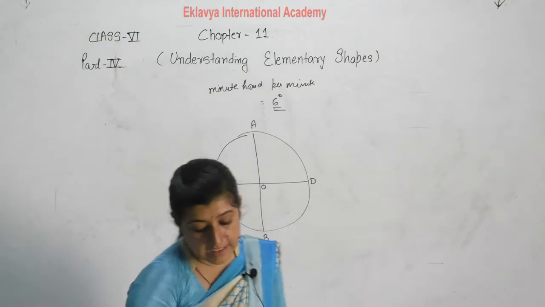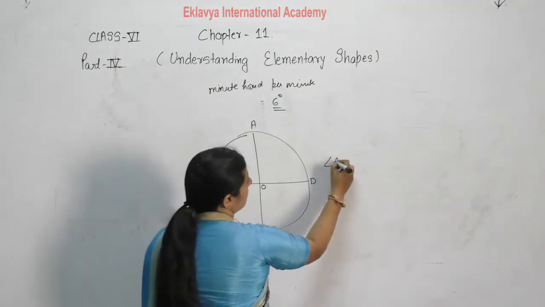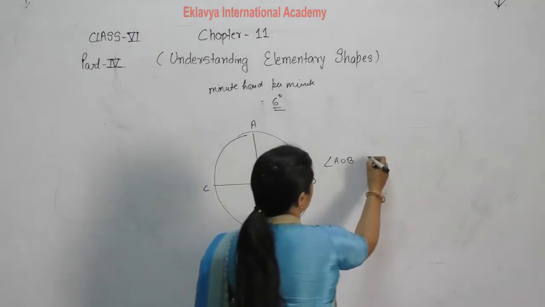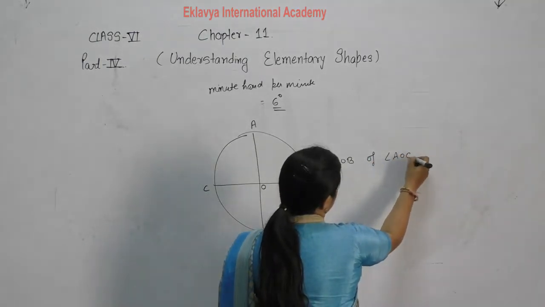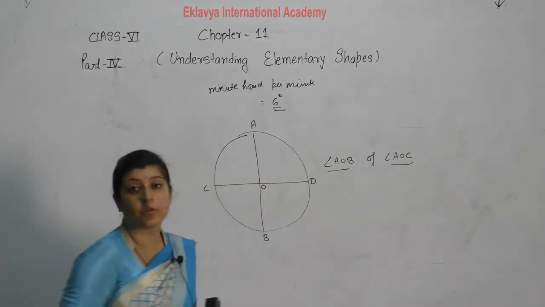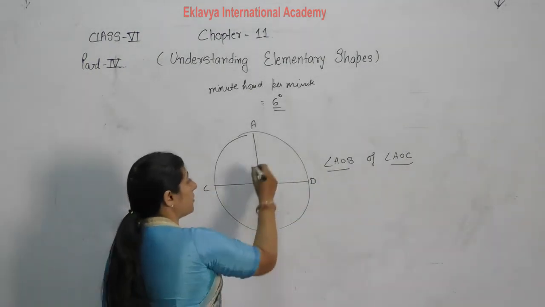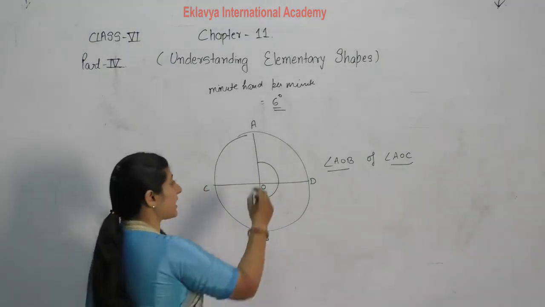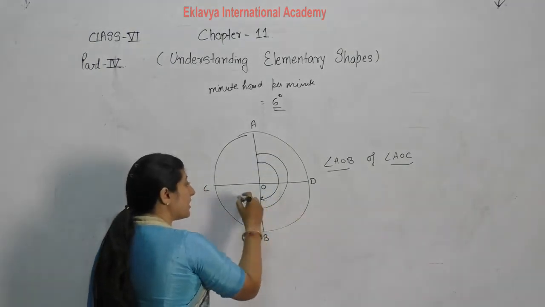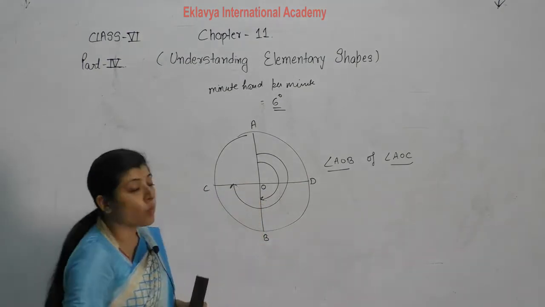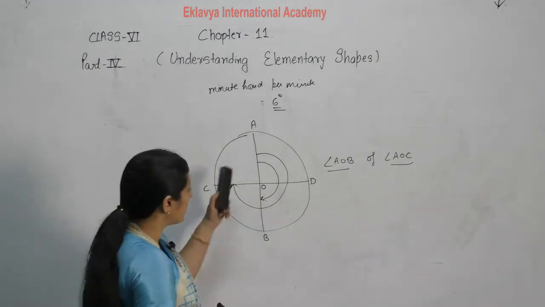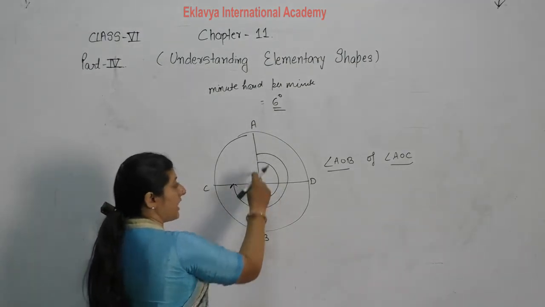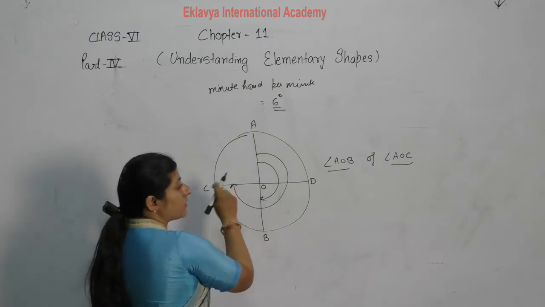How many times is the angle AOB of angle AOC? That is, what is the relation between angle AOC and AOB? See, AOB is this, and angle AOC is, if we are moving in the clockwise direction, this one.